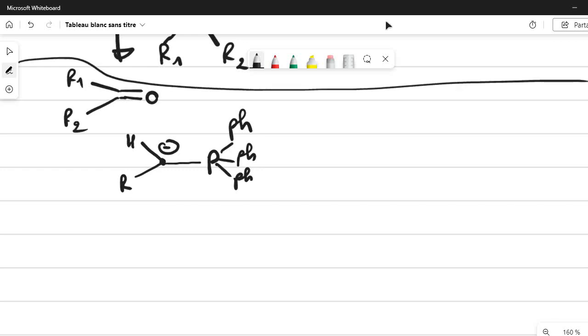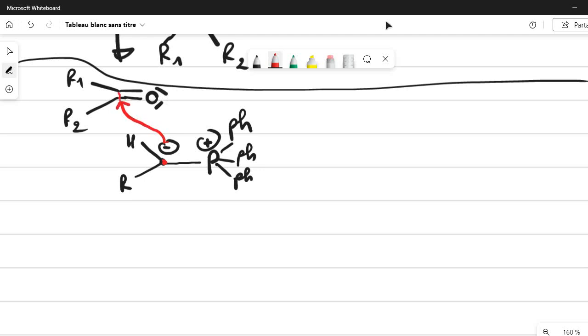So what are we going to do right now? We are going to start from the oxygen, well, either from the oxygen or I would say from the negative charge. It will act as a nucleophile.